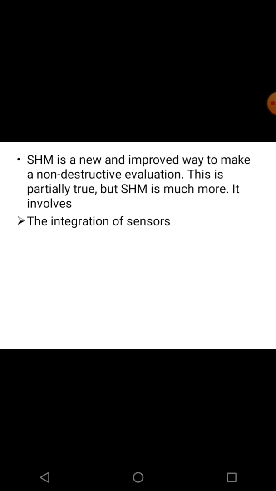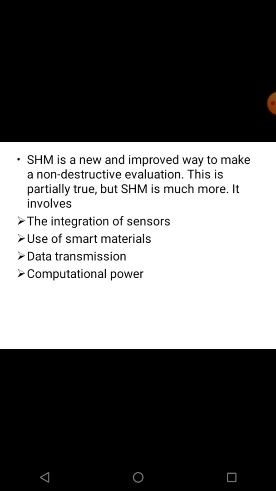There are many types of sensors used. Smart materials are used, data transmission is used, computational power is used, and processing ability inside the structures. These are the important tools used in the SHM process that will give you reliable, real time results. Clear? Thank you.